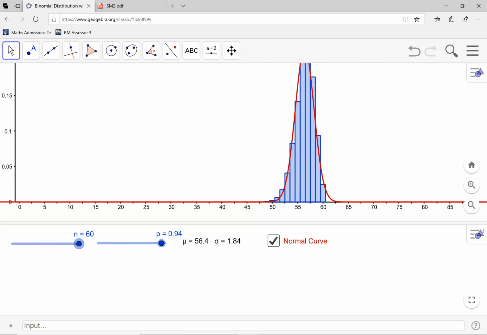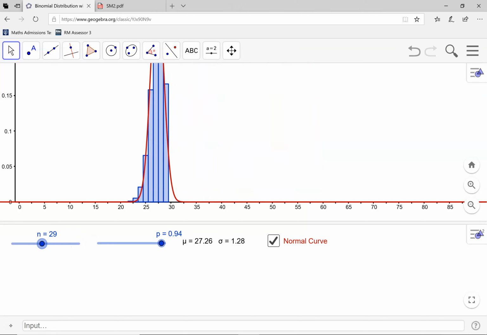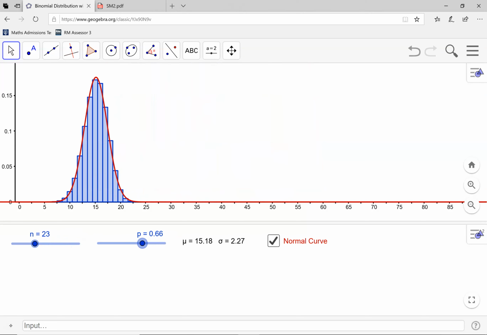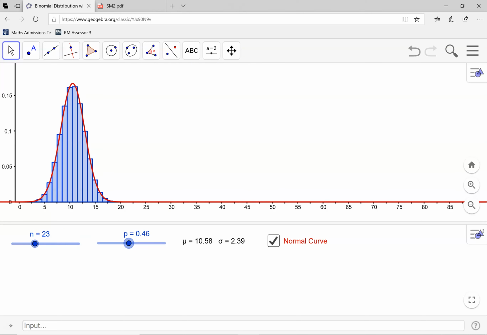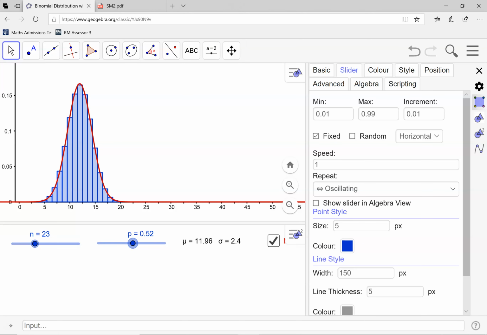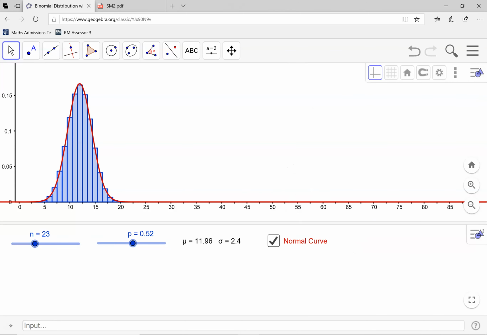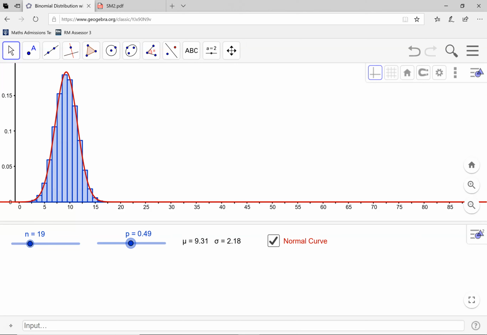But for surprisingly small values of n, if P is close to 0.5, or exactly 0.5, the similarity between these two is quite a lot, even for relatively small values of n.